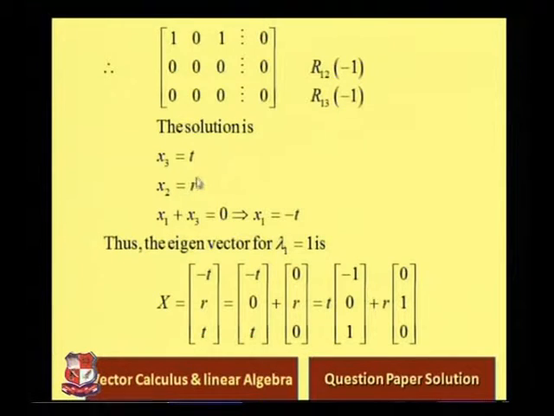So using parameters x3 equal to t and x2 equal to r, we get x1 equal to minus t. Substitute in the eigenvector, taking t and r common from these two vectors, we get (minus 1, 0, 1) and (0, 1, 0). These are the two eigenvectors: (minus 1, 0, 1) and (0, 1, 0).